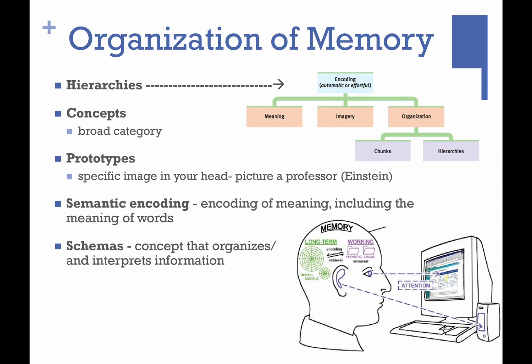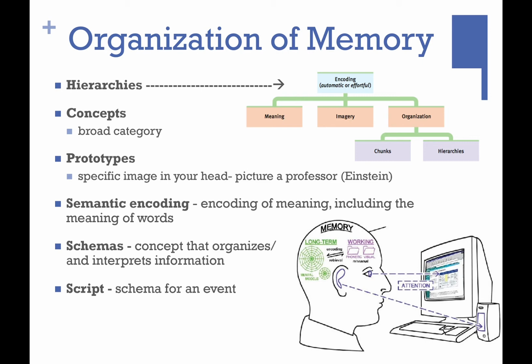Schemas, that's a Piaget word for a concept. A schema is almost a synonym for a concept, for a broad category. You have a script. There are all kinds of scripts. You have social scripts. You have cultural scripts. You have school scripts. These are schemas for processes inside of different concepts. So, for instance, when you go to school, you already know what the script is. You know the expectation from memory.